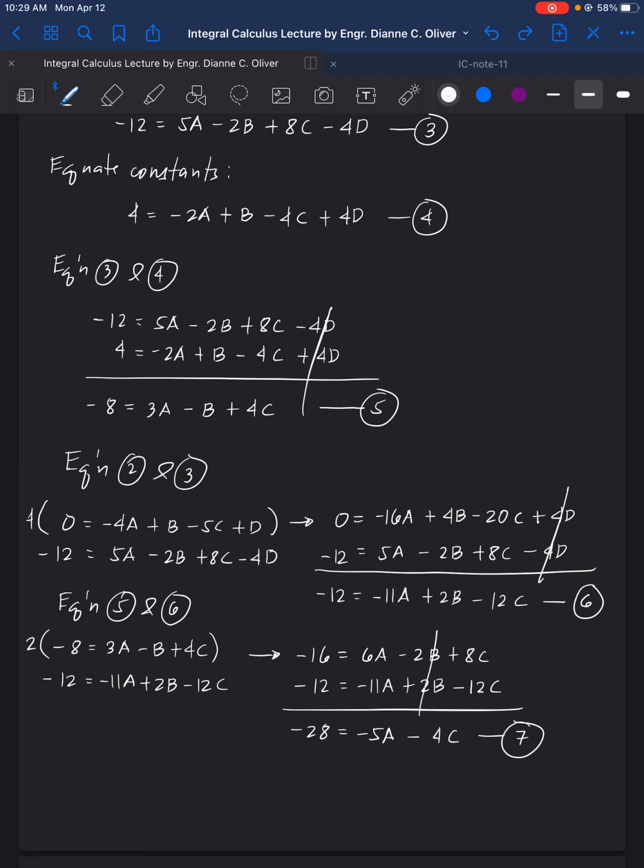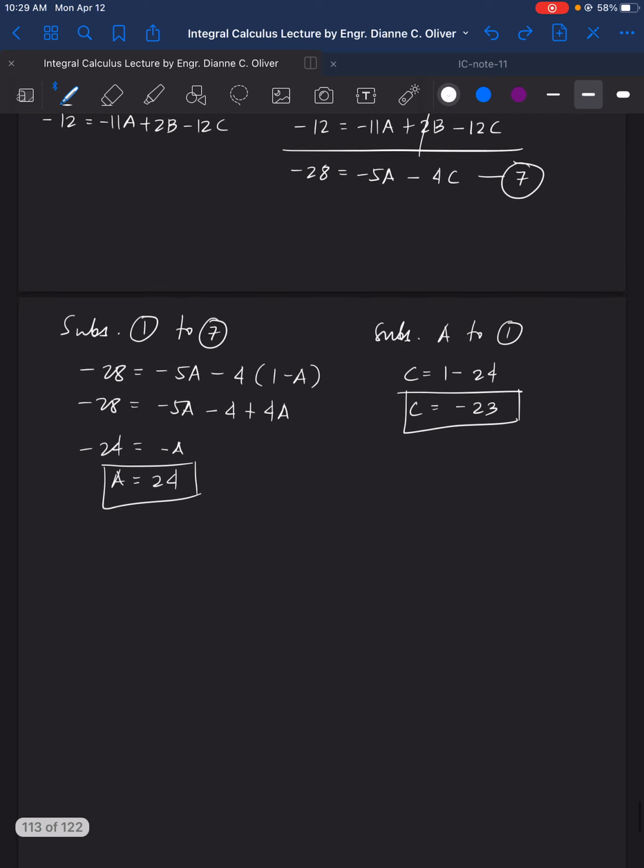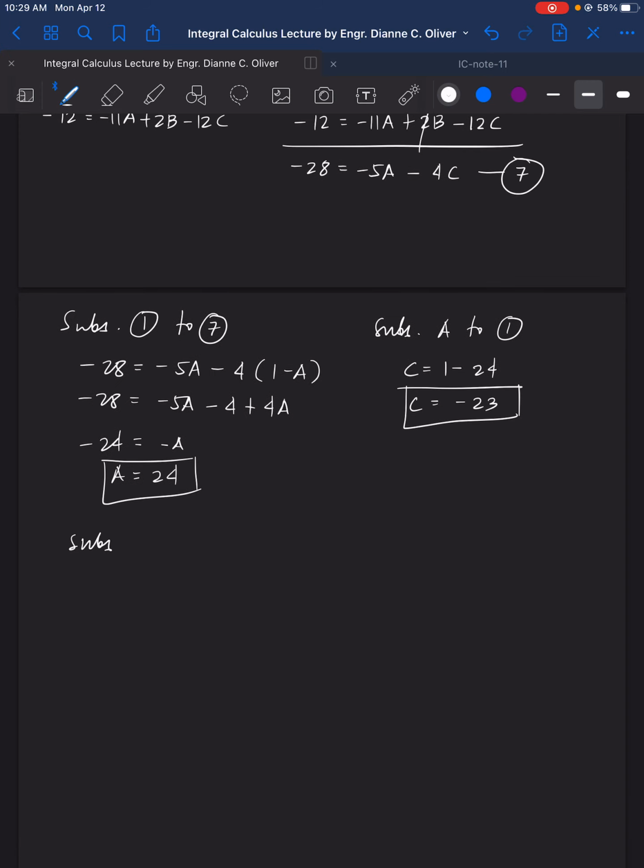So that is negative 8 equals 3a minus b plus 4c. So substitute a and c to equation 5, which is negative 8 equals 3 times a, which is 3 times 24, minus b plus 4 times c, which is negative 23.